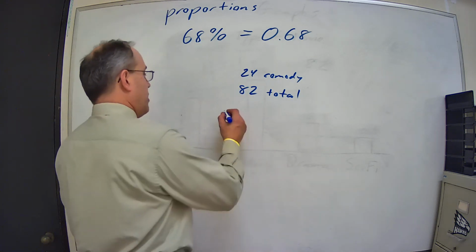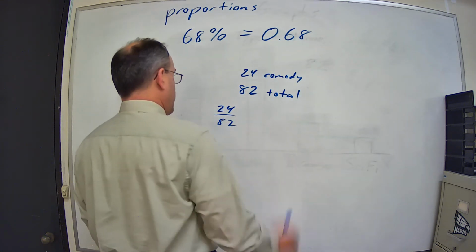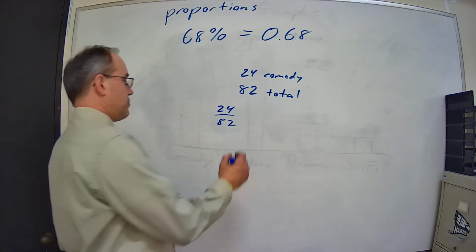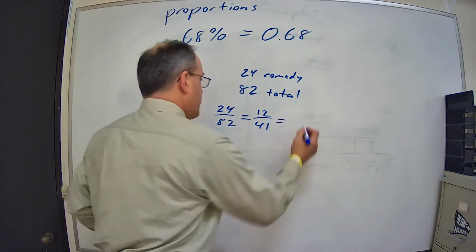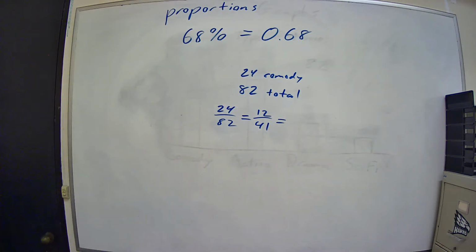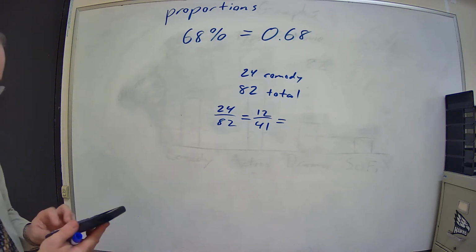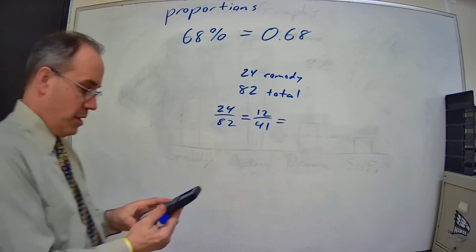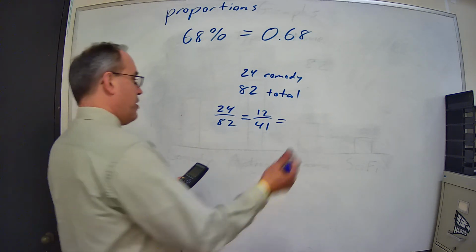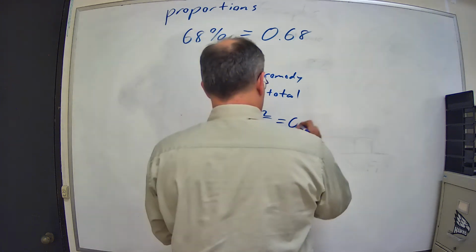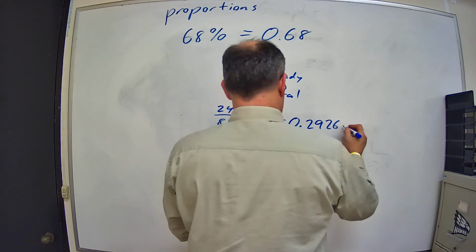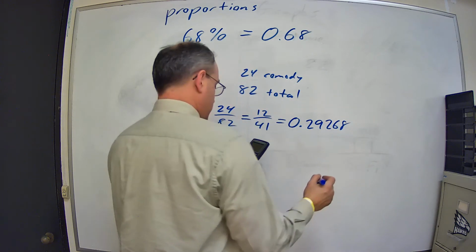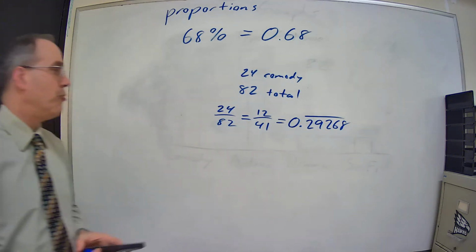Well, the proportion would be 24 over 82, which can be reduced to 12 over 41, or put in decimal form, 12 divided by 41, and I'm just cheating for a second to look at a calculator, gives you a proportion of, and this fits in nicely with our last topic with it, 0.29268 repeating.